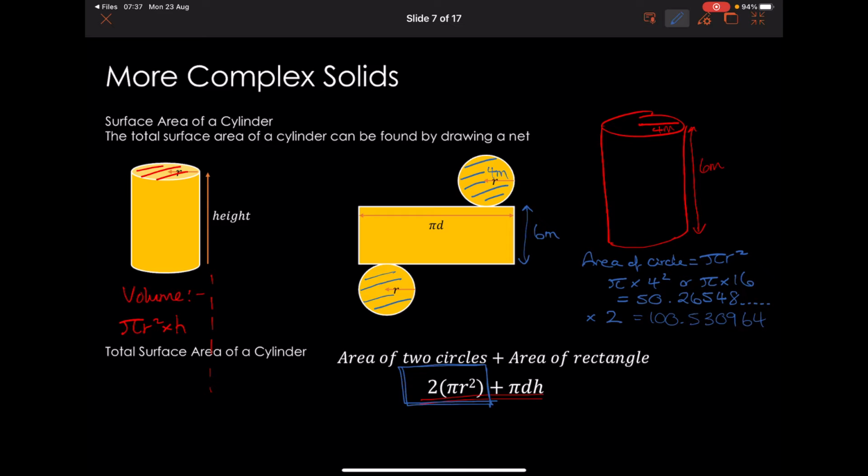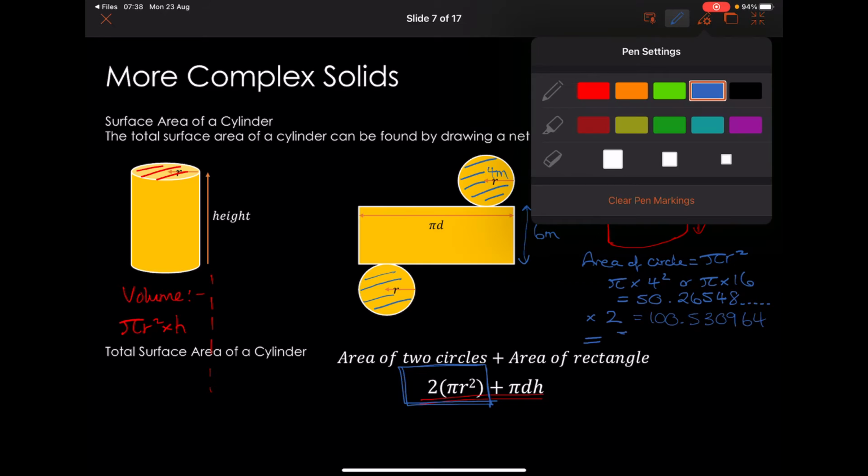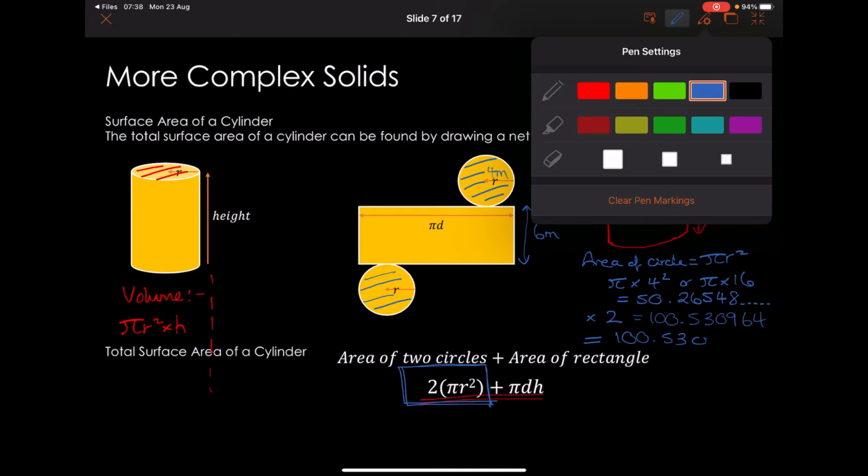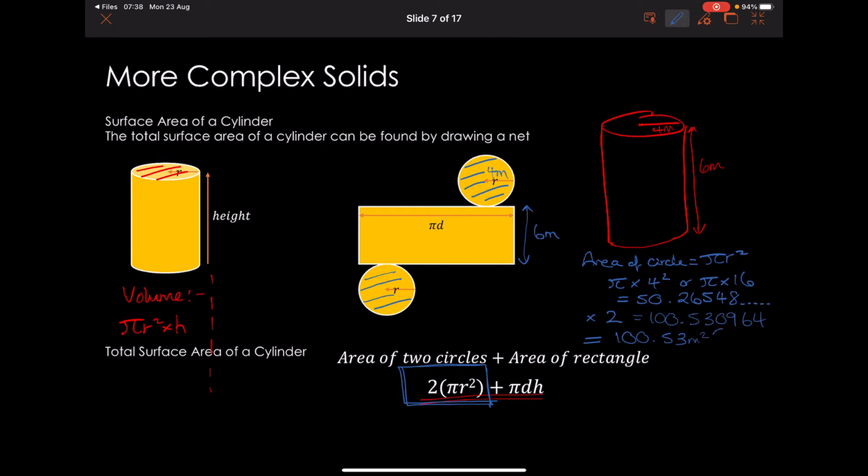Okay, so let me just put that there, and I'm going to round it. Sorry, I'm just thinking for a second. I'm going to round it to 100.5 meters squared to 1 decimal place.